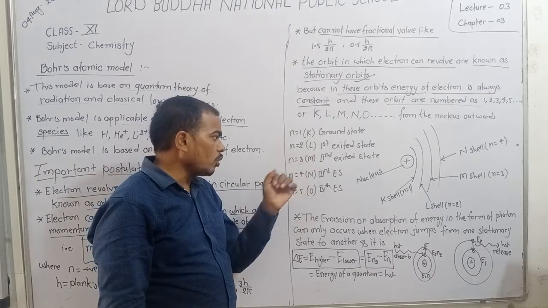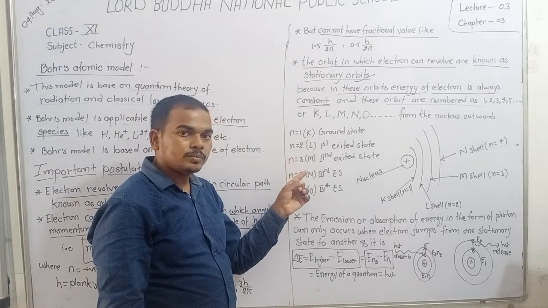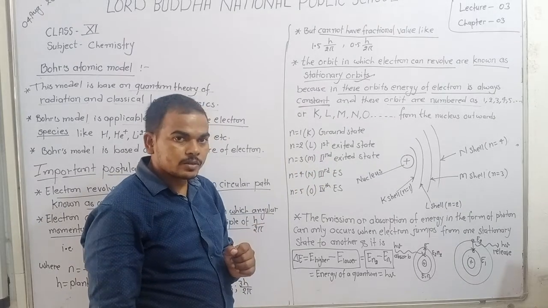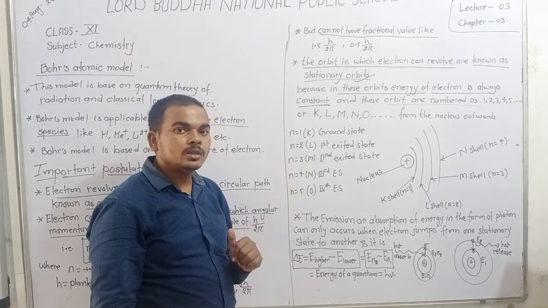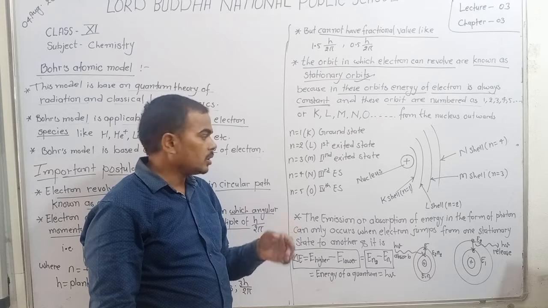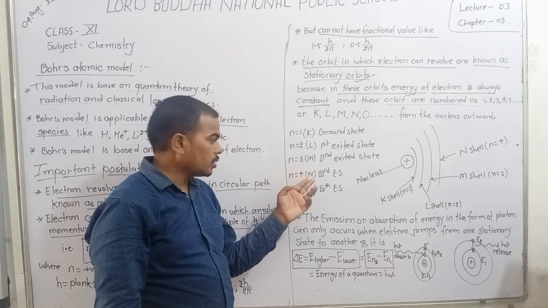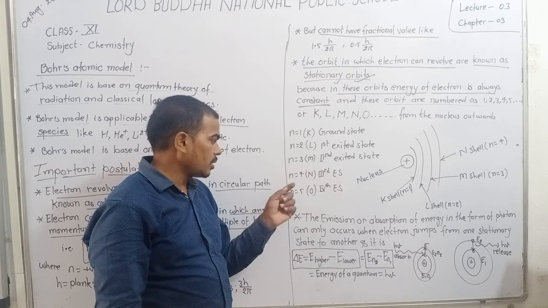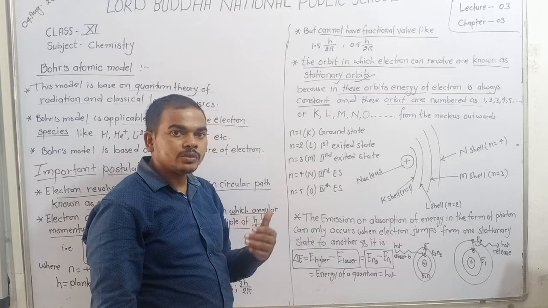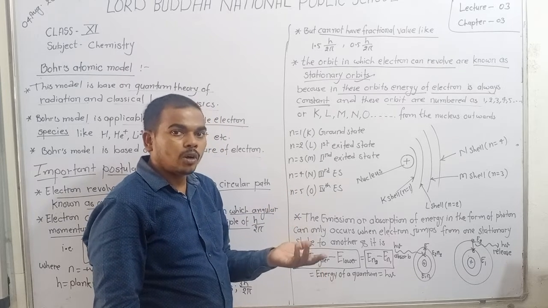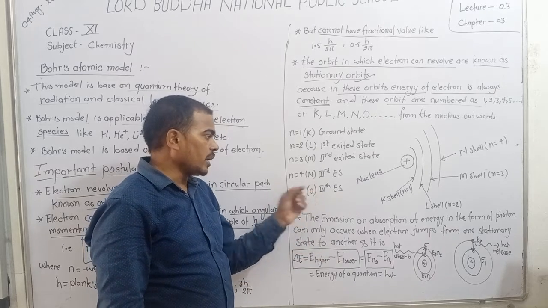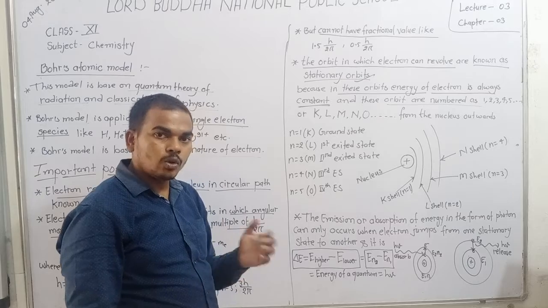The notation used for this orbit is M. This is known as second excited state. n is equal to 4 means fourth orbit. The notation is N. This is known as third excited state. n is equal to 5 means fifth shell, fifth orbit. Notation O. This is known as fourth excited state, and so on.